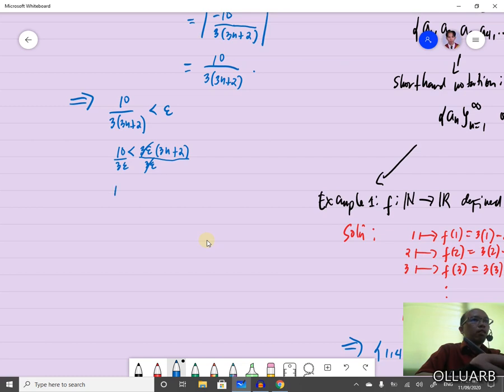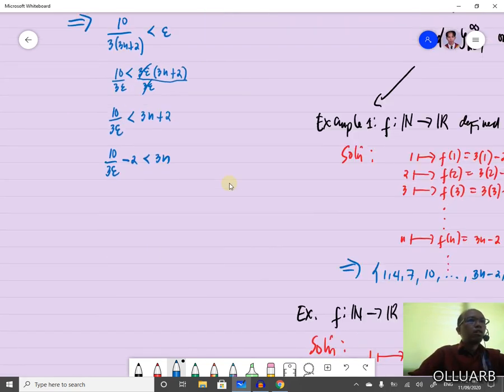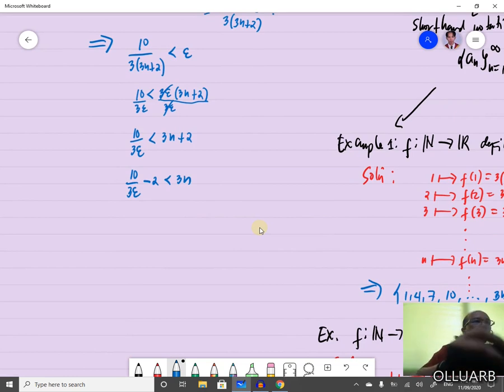So we have 10 over 3 epsilon less than 3n plus 2. Then you can transfer our 2 to the other side.